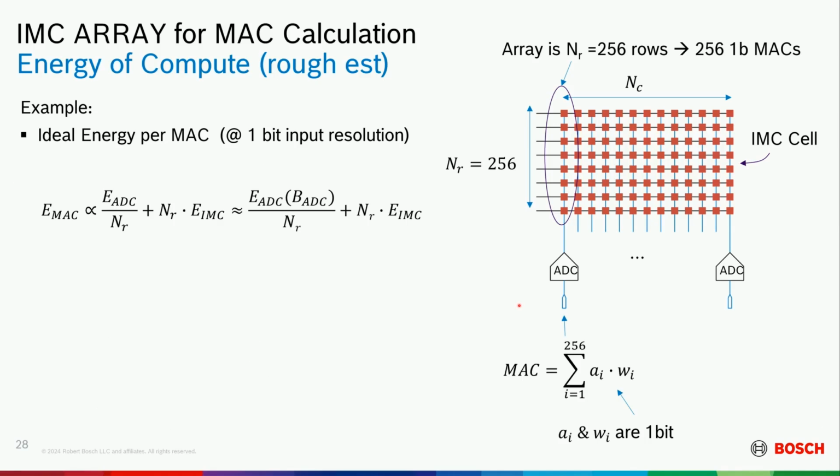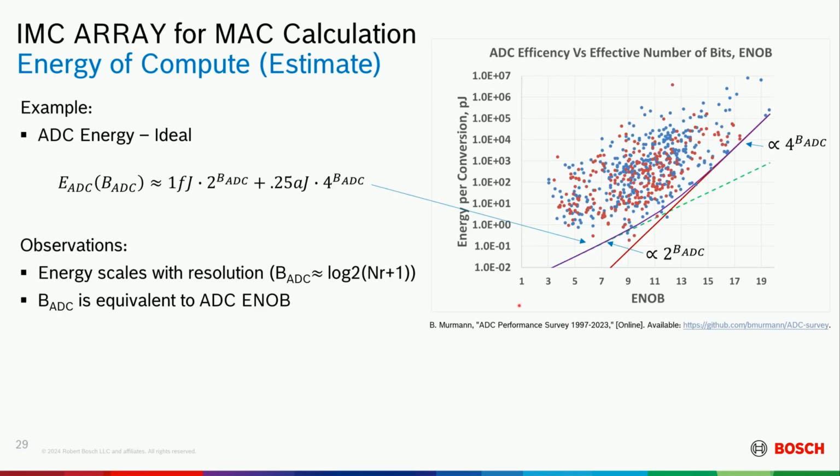So basically, if you're doing 256 parallel MACs, then the ADC energy you paid to do this conversion is divided by that number per MAC. That's your ADC conversion cost. And then, of course, you have some cost for each in-memory compute computation.